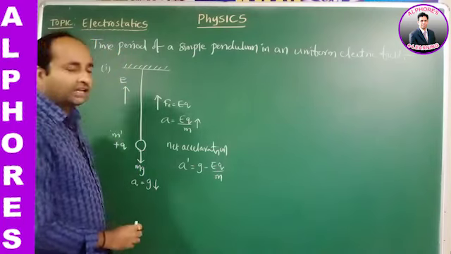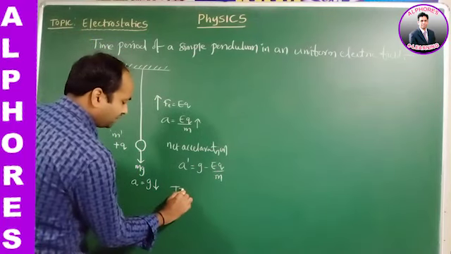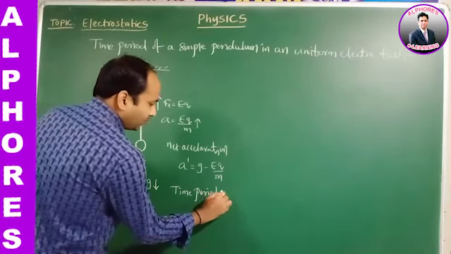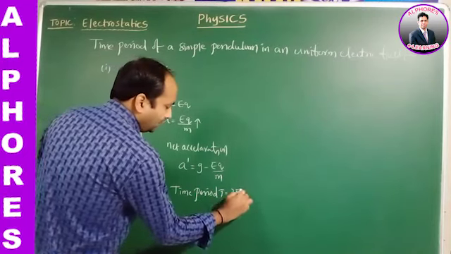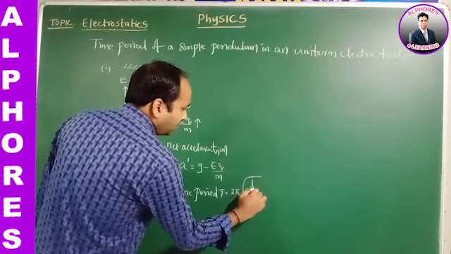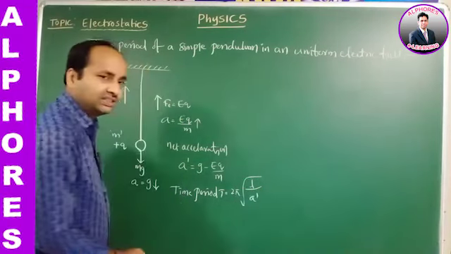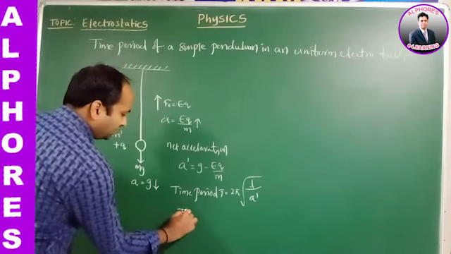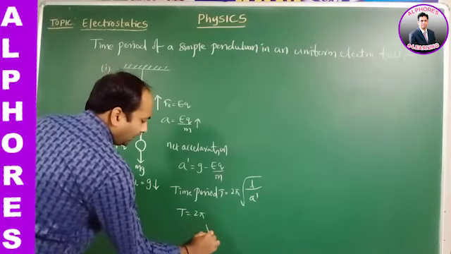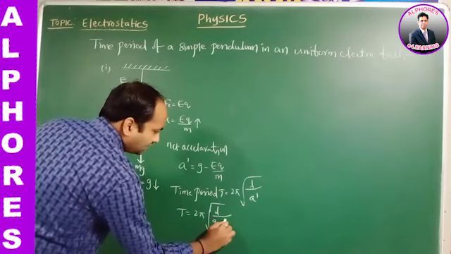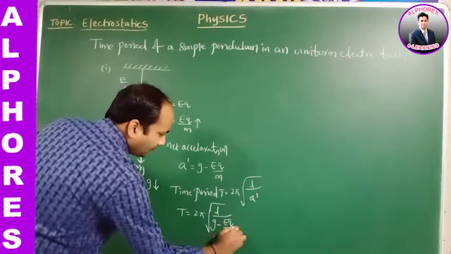Then what should be the time period? What is the expression for the time period? The general formula is T is equal to 2 pi under root of L by g. But here the net acceleration is denoted by A dash. So what you will get? T is equal to 2 pi under root of L by (g minus Eq by m).